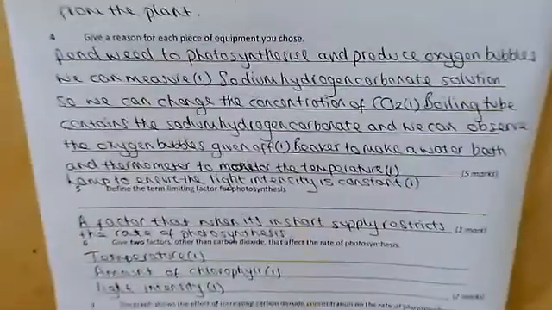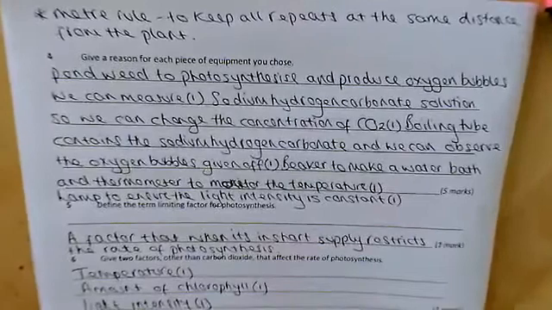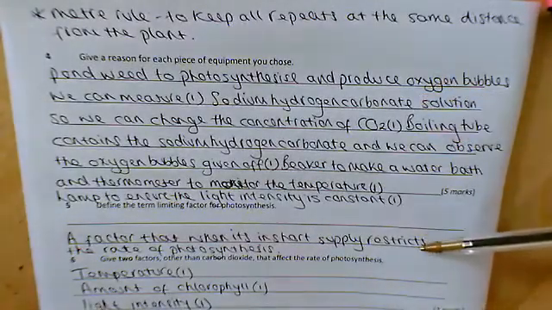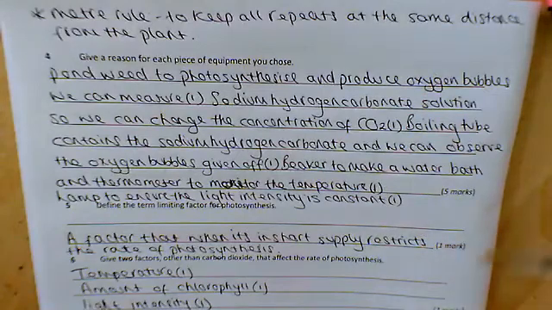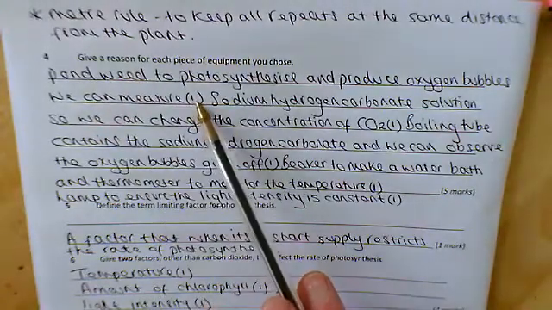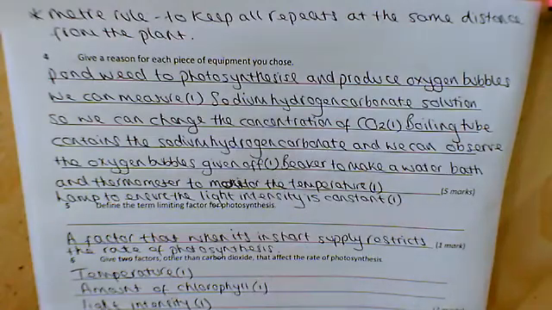On the next page, you then need to say why we need each bit of equipment. So what I recommend you do, although I've talked through it on the other side, pause the video a second and read through each point. You can see after each point I've put a mark, and you can go through and check your marks. Okay, so pause the video when you're ready.